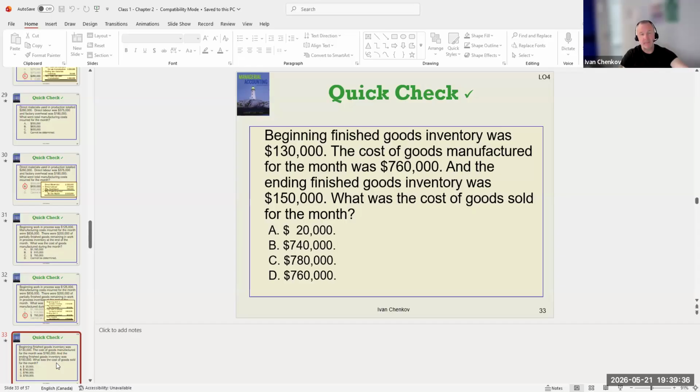740. Now, the other thing that I want you to think is, during this month, did we sell what we produce? No. Is this good for the company?